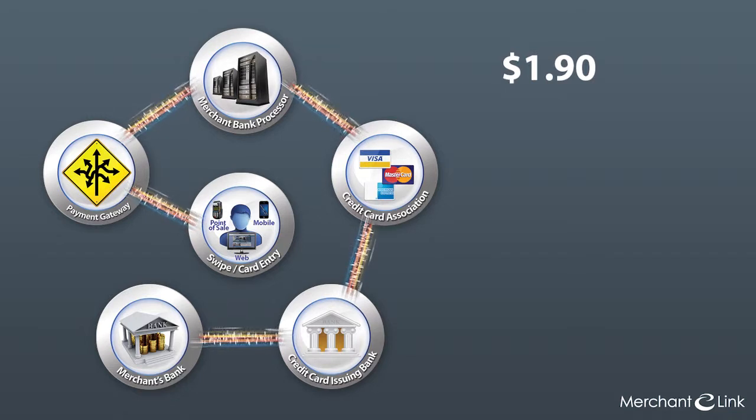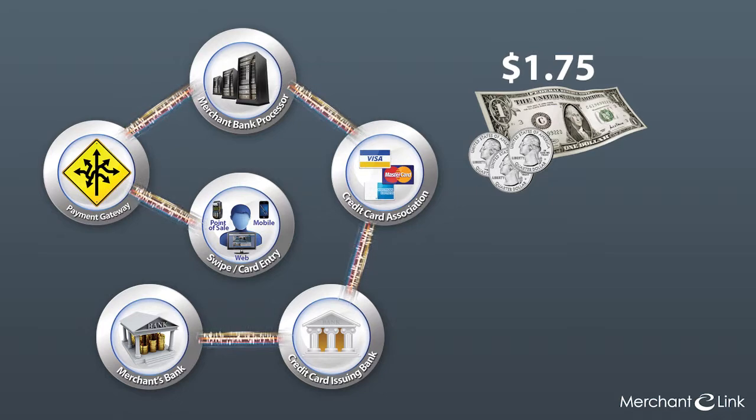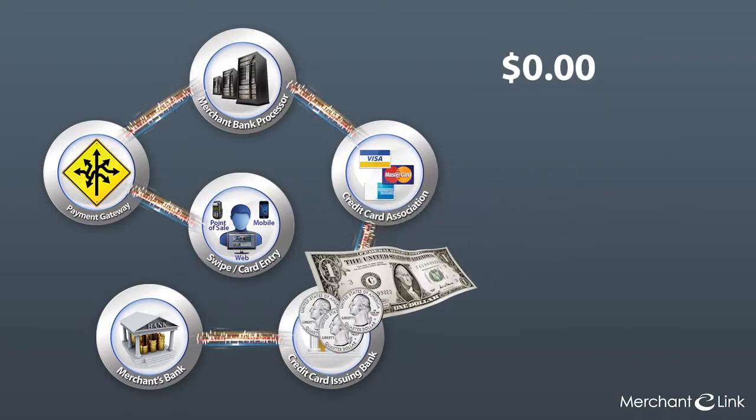This leaves $1.90 left to distribute amongst the remaining players. The card association receives 15 cents, and the remaining $1.75 is distributed to the issuing bank as interchange. Altogether, of the $2.25 fee assessed on this $100 transaction, even though all players gain revenue, the greatest share goes to the issuer.